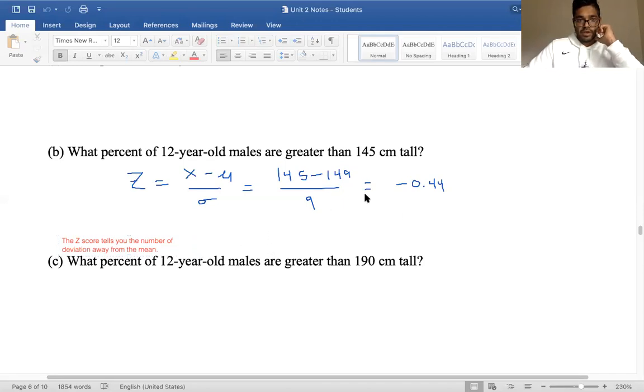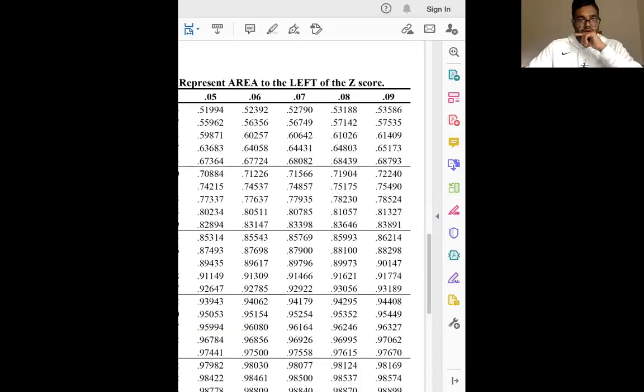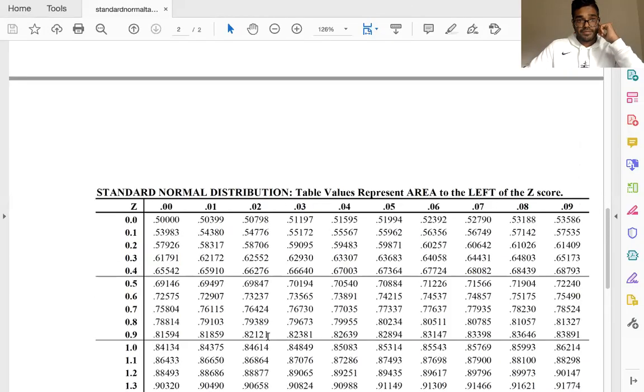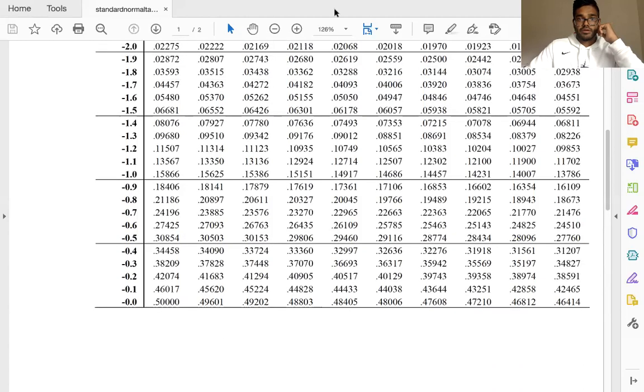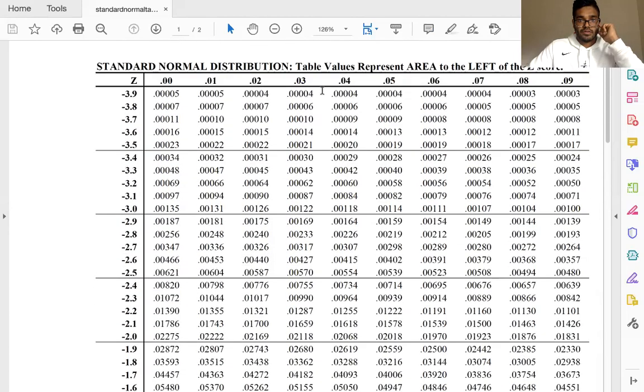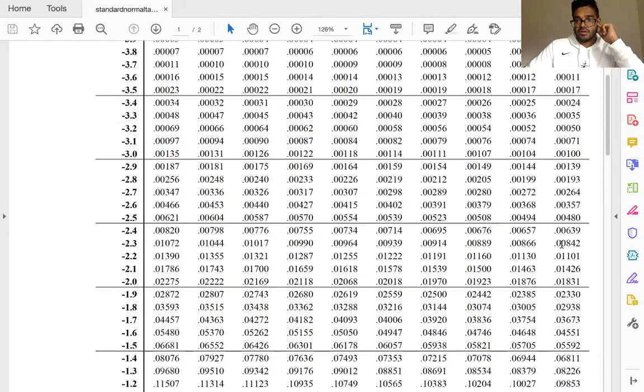That's what this means. And so now, same thing, you go to your chart. I'll walk you through this one as well. So we go to here. Now we're going to negatives. Same thing, negative 0.4. And then we need the 4 at the top as well. So you kind of have to line these up. Let me zoom out a little bit.